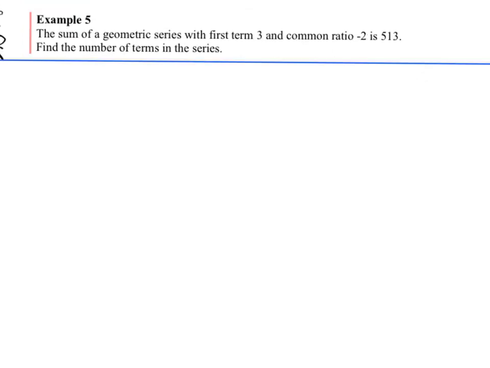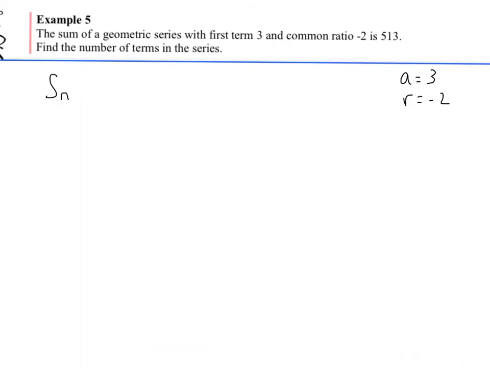Okay, let's look at this example. Example 5: the sum of the geometric series with first term 3 and common ratio -2 is 513. Find the number of terms. So again, we've got an Sn scenario, and let's write down a equals 3 and r equals -2, and the sum to n, which we don't know.